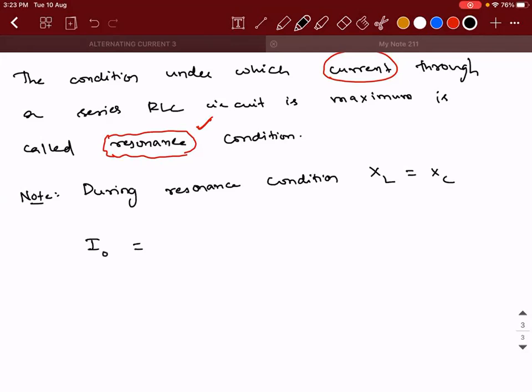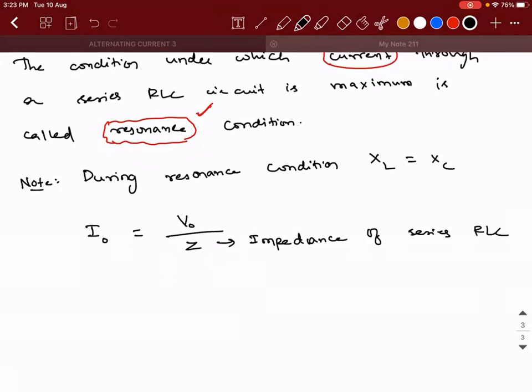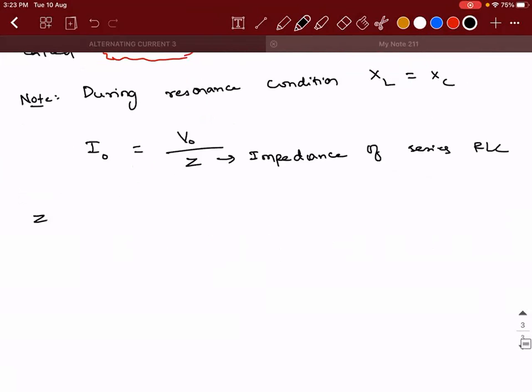If I take I naught will be equal to V naught divided by Z, where Z is the impedance of series RLC, right? So Z will be equal to root of R square plus XL minus XC the whole square.